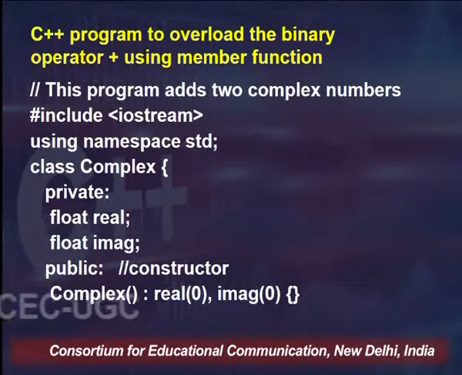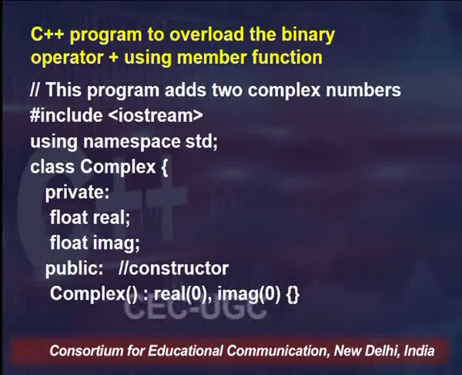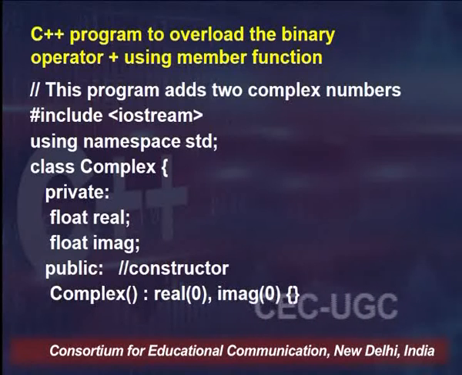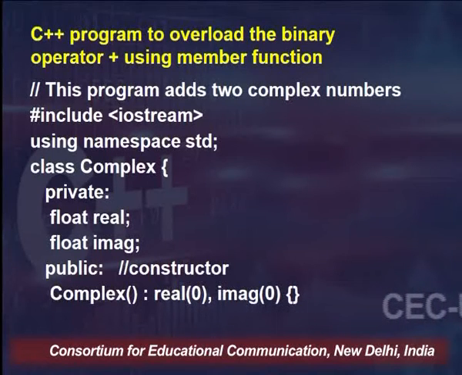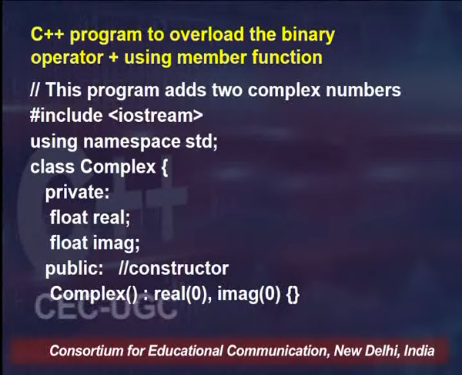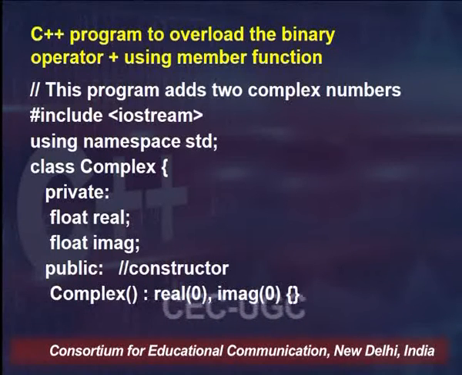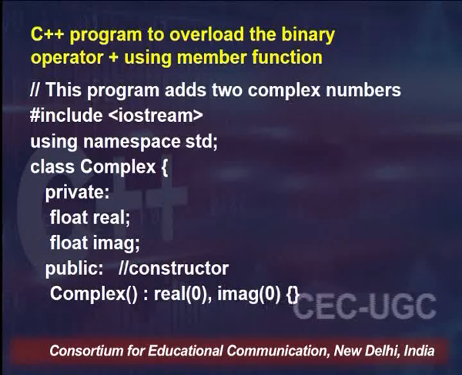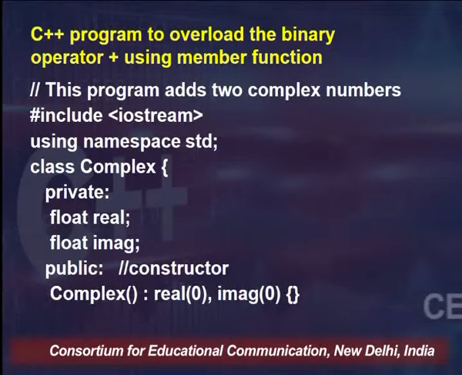This is what we want to do using operator overloading for this binary operator plus, implemented for two objects of the class complex. For that, let us see what kind of code we need to write.